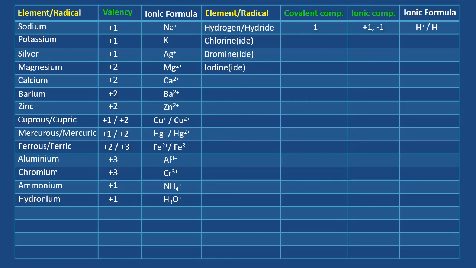Similarly, chlorine, bromine, and iodine have valency of 1 in covalent compounds, meaning that they form only one covalent bond, while their valency is -1 in case of ionic compounds, and they are called chloride, bromide, and iodide respectively.